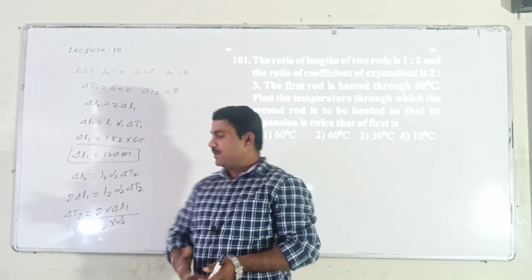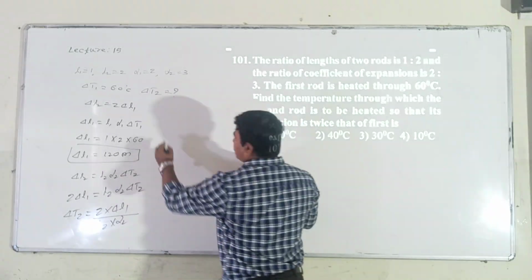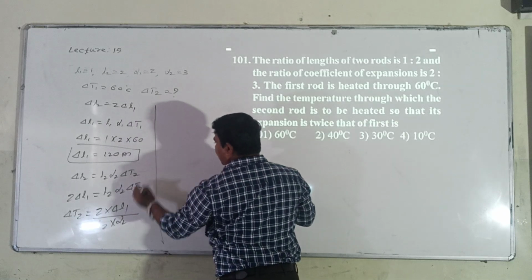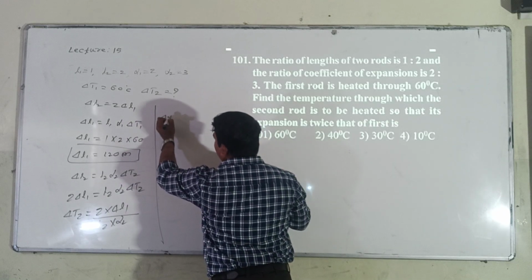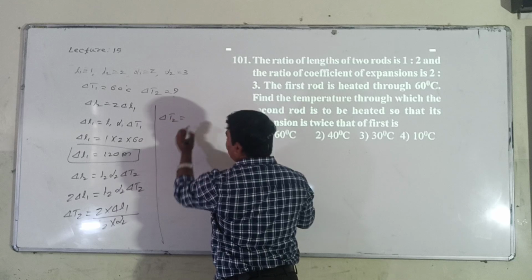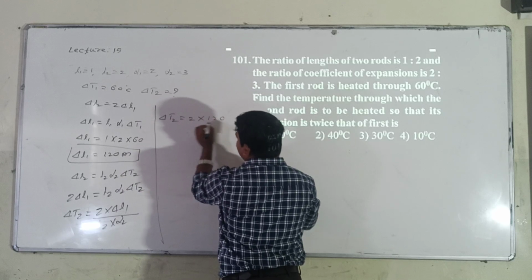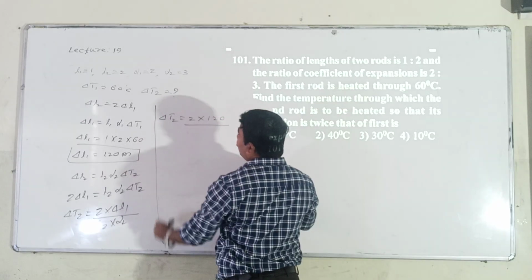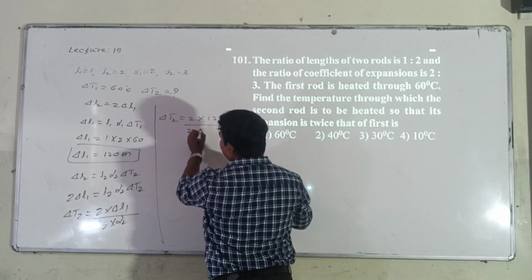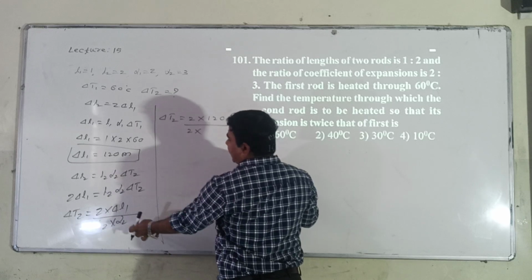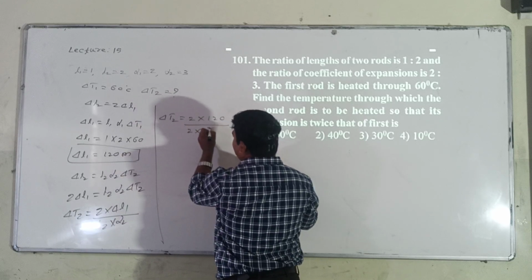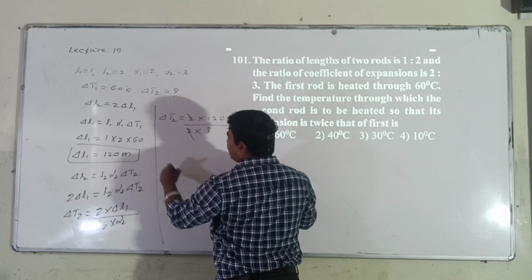Are you following this? Put all the values. Delta T2 is equal to 2 into del L1, which is 120, whole divided by L2, which is 2, then alpha 2, which is 3. This one cancels.